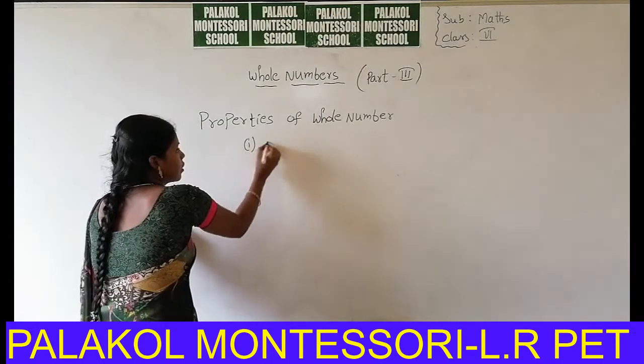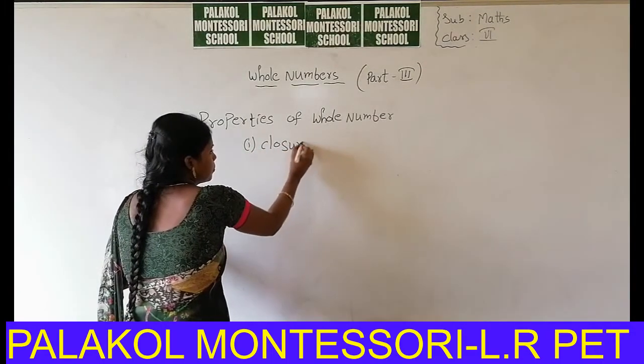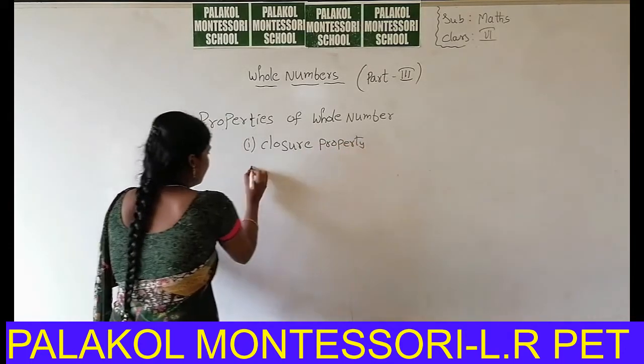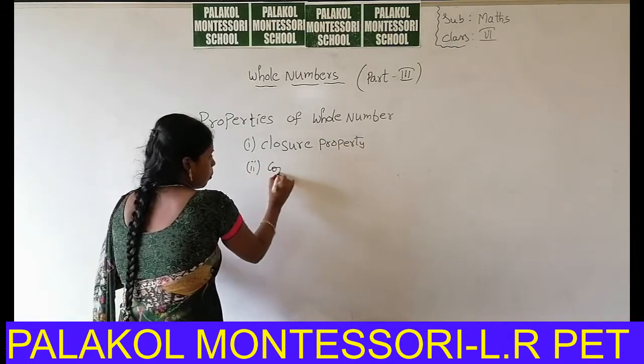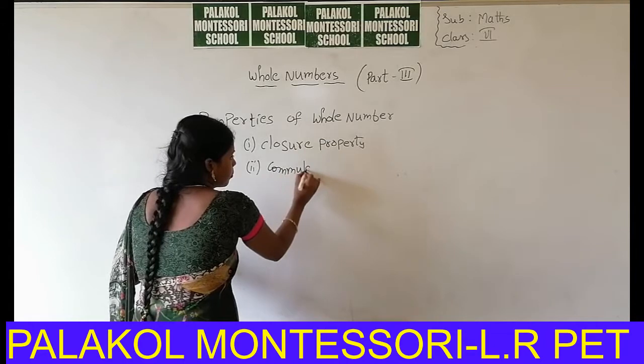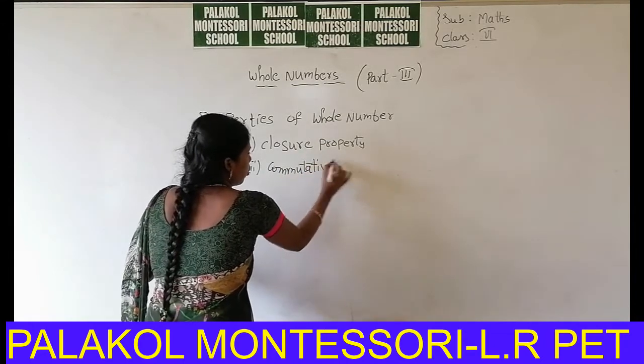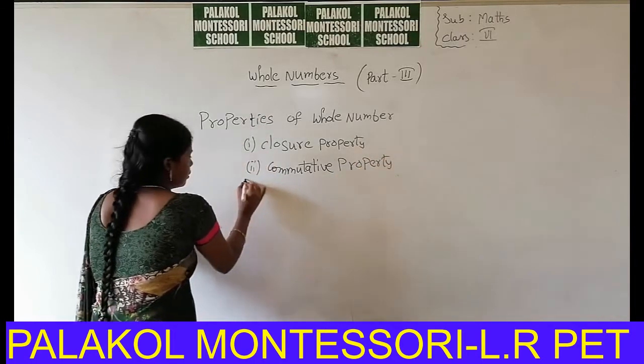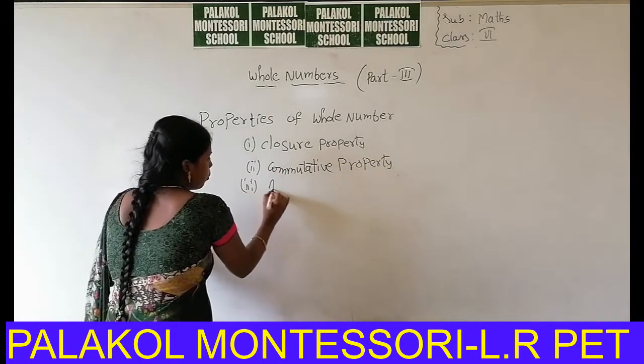First one, closure property. Next one, commutative property. And the third one, associative property.